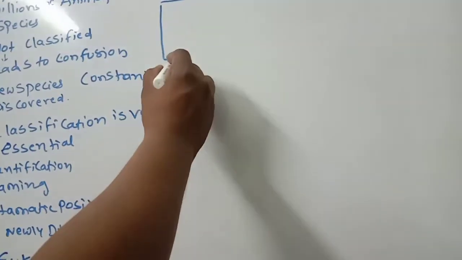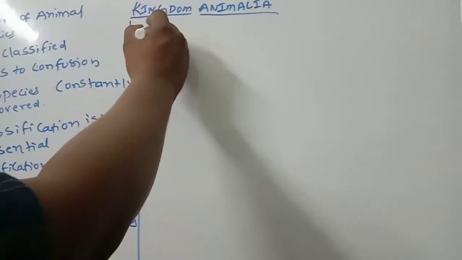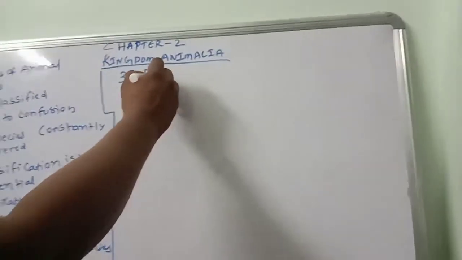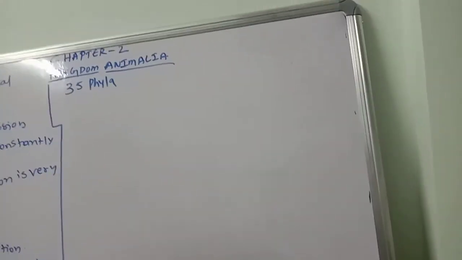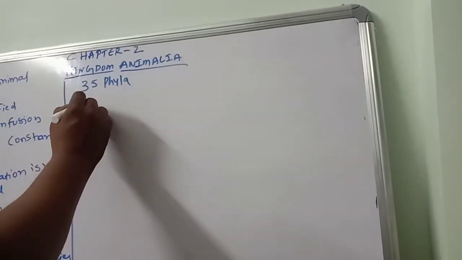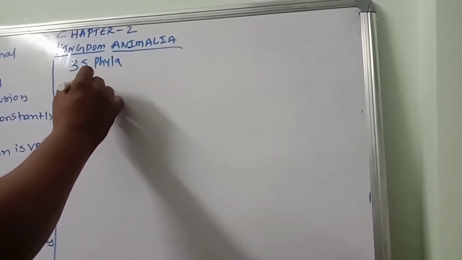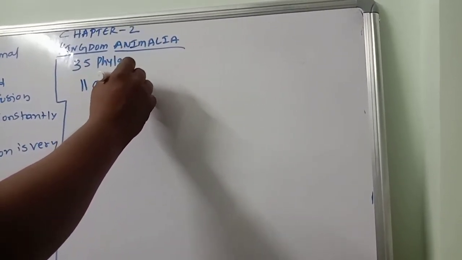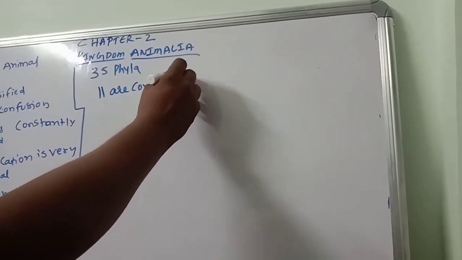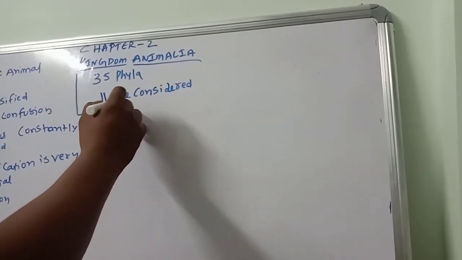There are 35 phyla, and out of these 35 phyla, only 11 are considered as major phyla.